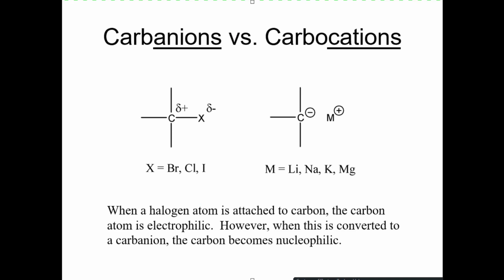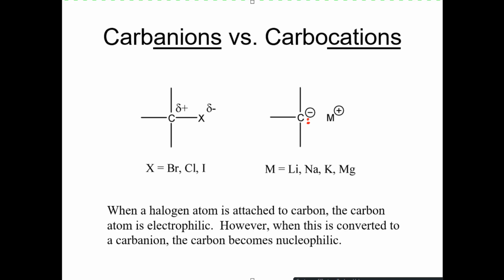And the new ones are all going to be based on carbanions. A carbanion is a carbon with a negative charge, which means that carbon has a lone pair of electrons to give it a -1 formal charge. So carbanions are made from alkyl halides, and we'll talk about how we do that in a minute.